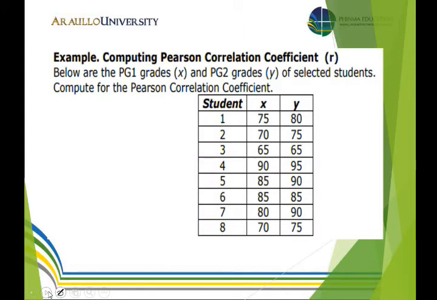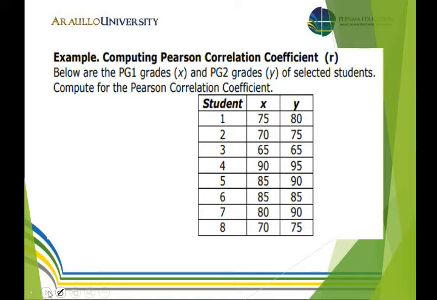Let's have an example. Example, we have computing Pearson correlation coefficient, which is the R. So, below are the first periodical grades and second periodical grades of selected students. So, we have 8 students. X would be the first periodical grade, and then we have Y for the second periodical grades.